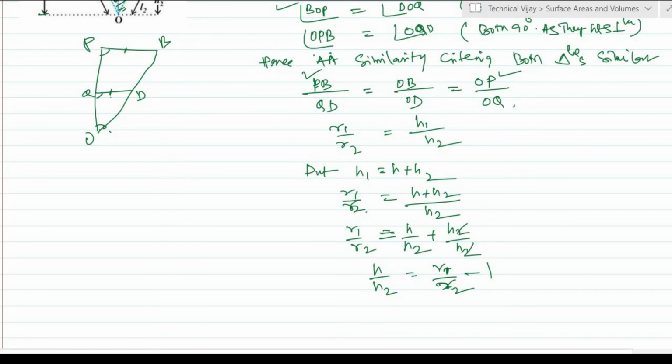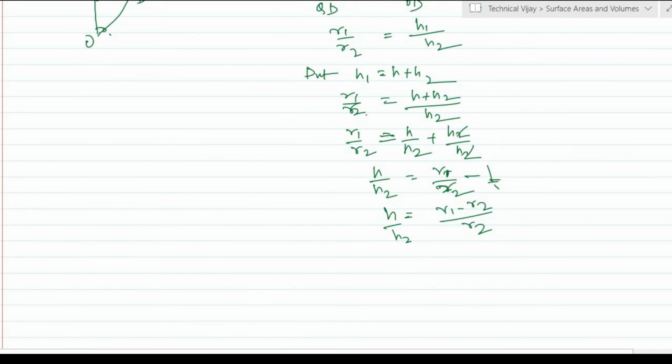This plus 1 comes to the other side. Taking the LCM, H by H2 is equal to (R1 minus R2) divided by R2. So H is equal to H2 into (R1 minus R2) divided by R2.